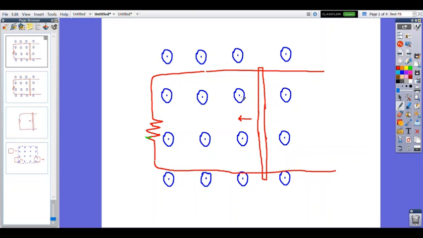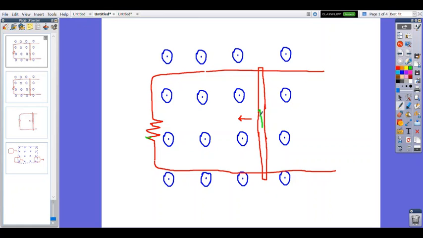And because the flux is decreasing, we are going to induce a current that needs to reinforce the existing B field. So we need to have an induced current that's going to reinforce this out of the page B field. And if you use right-hand rule 1b, you should be able to find that the current that's going to create an out-of-the-page B field looks like it should be counterclockwise.